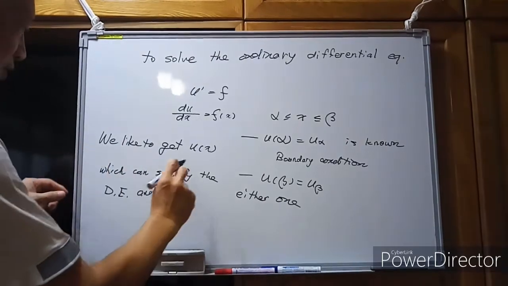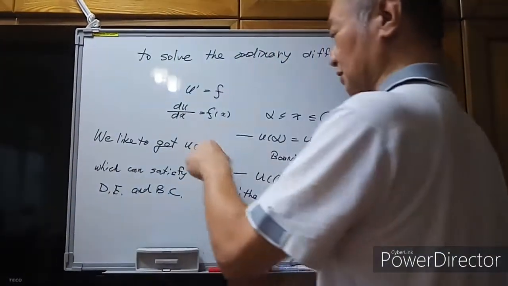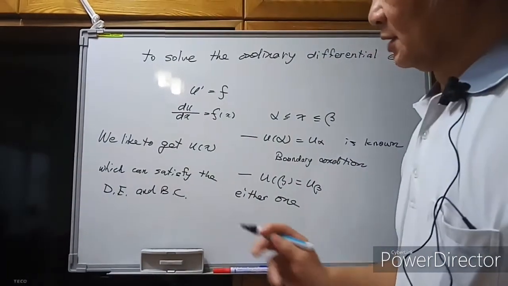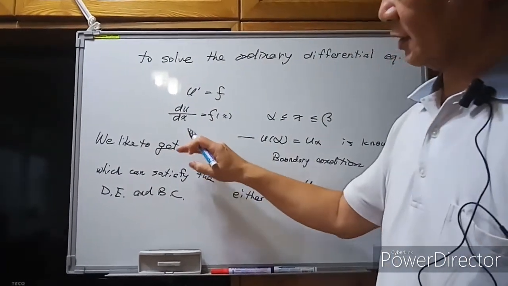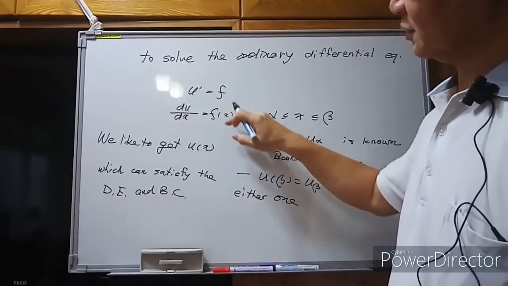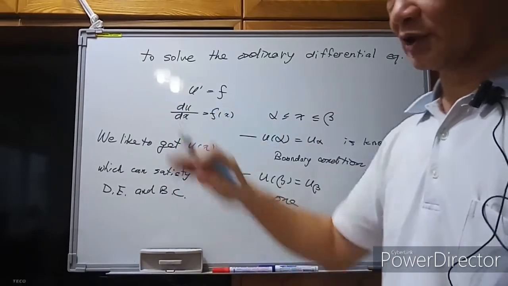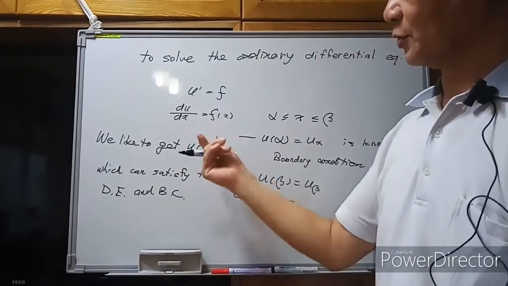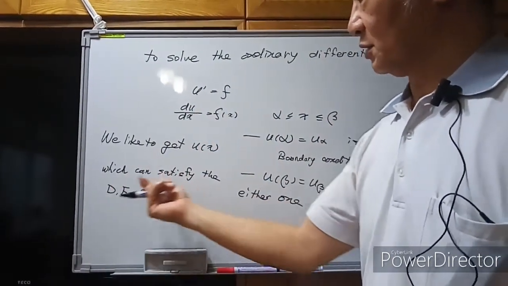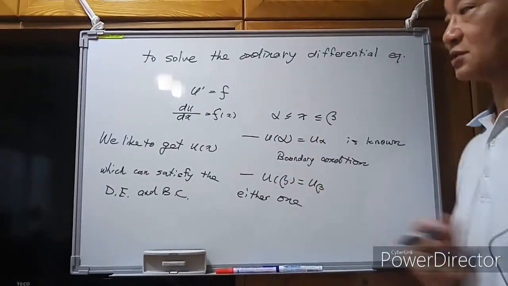Okay, we'd like to get the u of x function, and the requirement for the u of x function is, first, it needs to satisfy the governing differential equation. Also, the u of x function needs to satisfy the required boundary conditions.